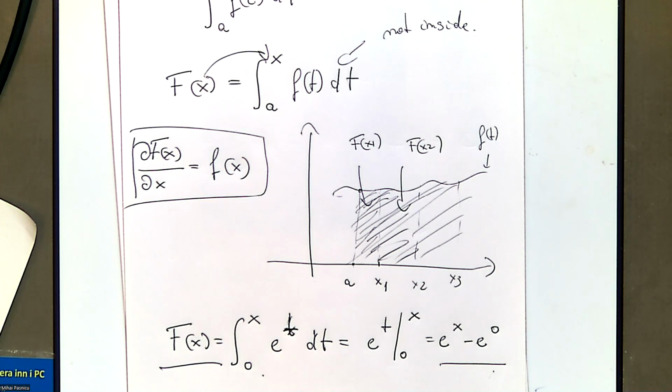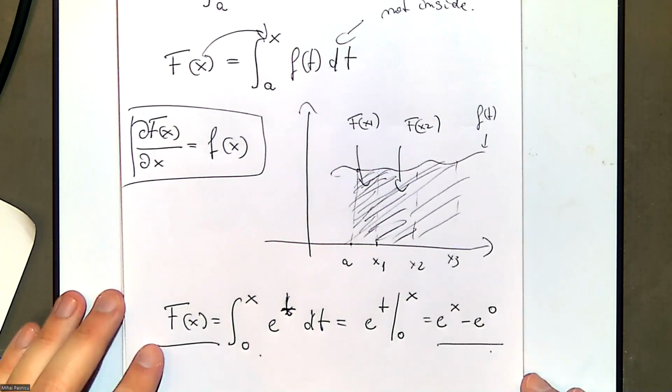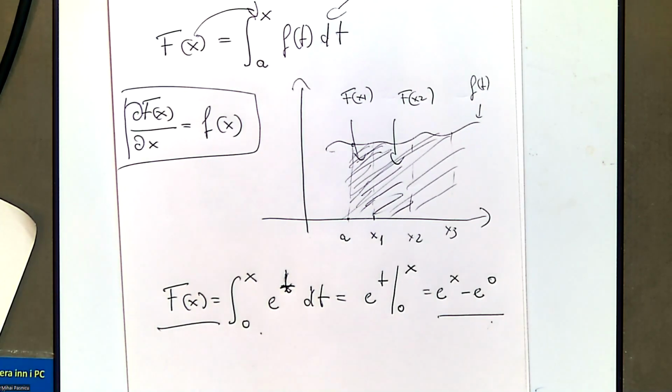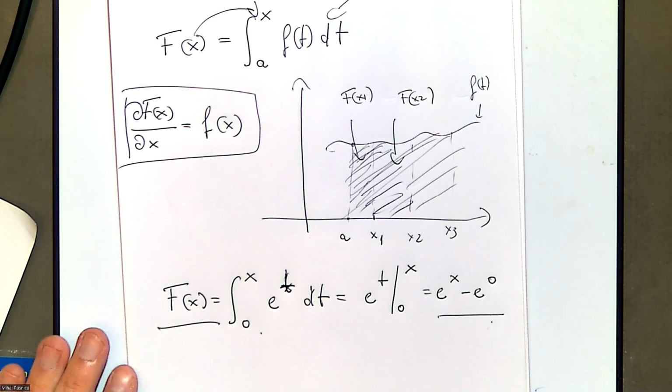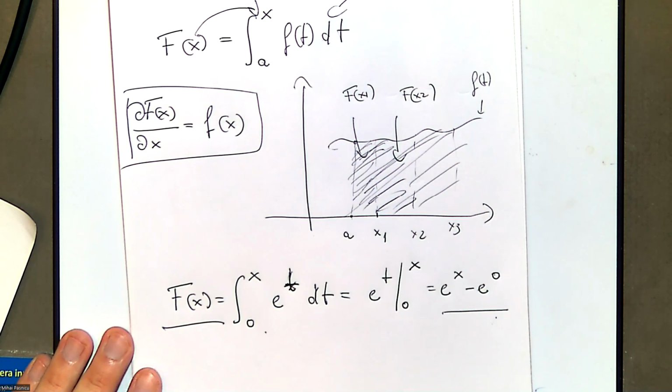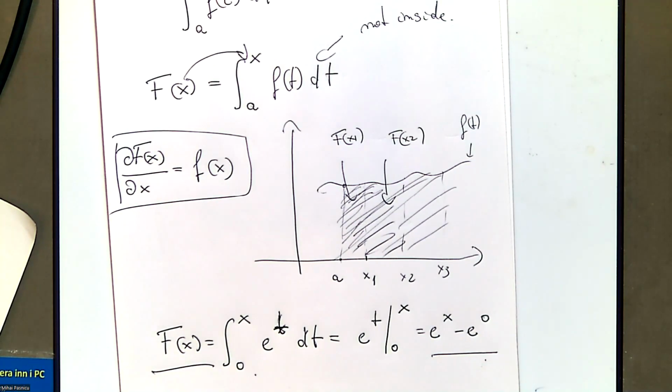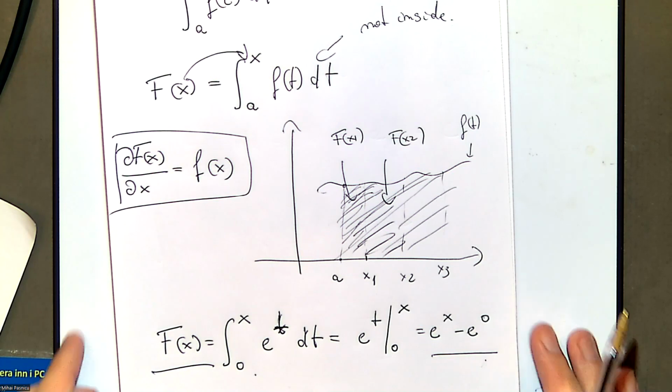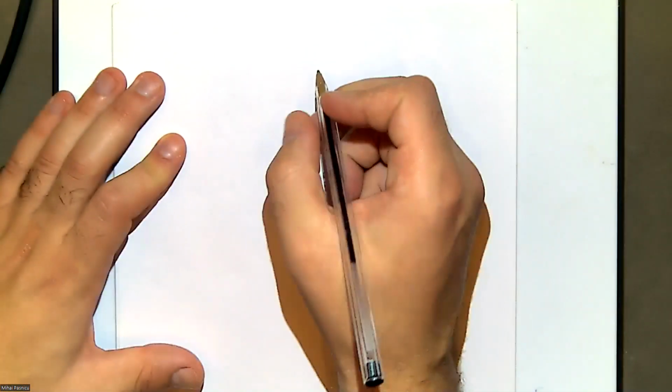Okay, so I'm a little bit confused by the question, and I'm trying to answer in a smart way. So here's the idea. This f of t here isn't an actual variable in itself. It's basically just showing you what you're integrating. Let's go back to how we defined our integral.